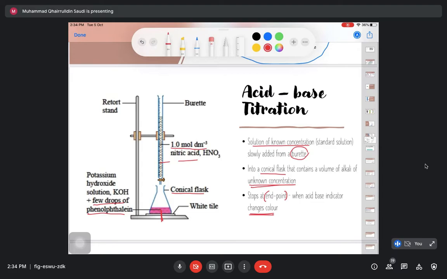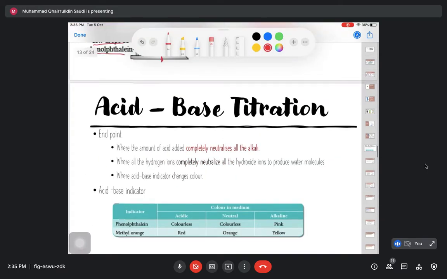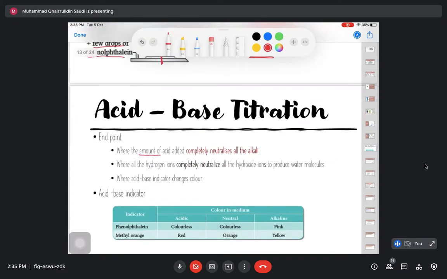The solution inside here is already neutralized, and it is the endpoint, the stop of our titration reaction. So the endpoint is where the amount of acid added, or amount of alkali added, to our conical flask completely neutralizes all of the alkali or all of the acid. So that is what we call the endpoint.